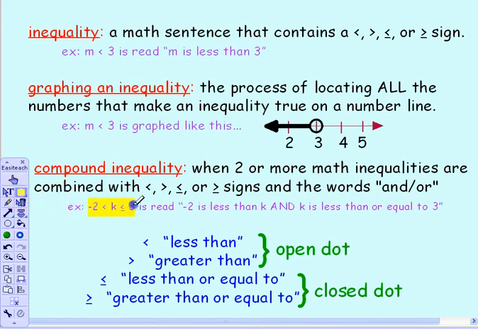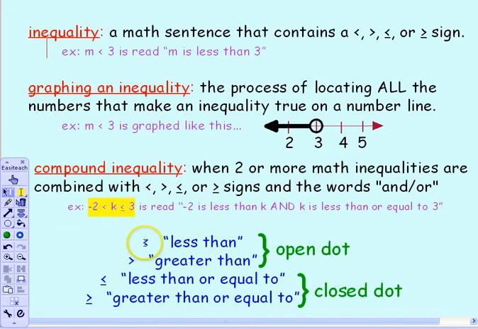Here we have our inequality, and this is a compound inequality because it's using a less than, and it's also using a less than or equal to. So we read this as negative 2 is less than k, and k is less than or equal to 3. You could also say that k is between negative 2 and 3.